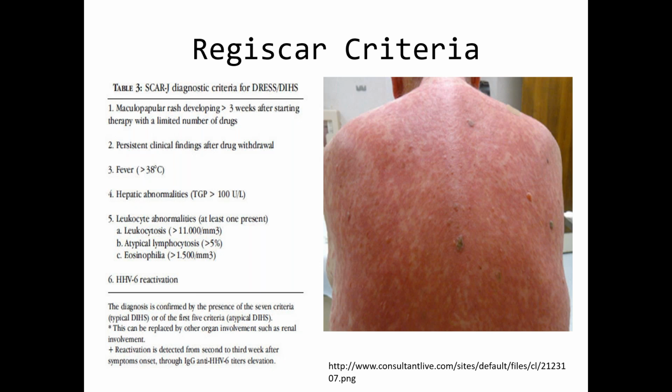Typical drug-induced hypersensitivity, DRESS, is when you see a maculopapular rash developing more than 3 weeks after starting therapy, or persistent clinical findings after drug withdrawal, fever more than 38 degrees centigrade, hepatic abnormalities, and leukocyte abnormalities: leukocytosis more than 11,000 per cubic millimeter, atypical lymphocytes more than 5%, eosinophilia more than 1500, and human herpes virus reactivation.